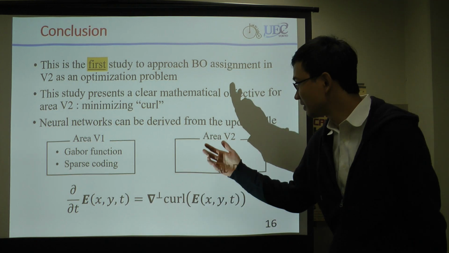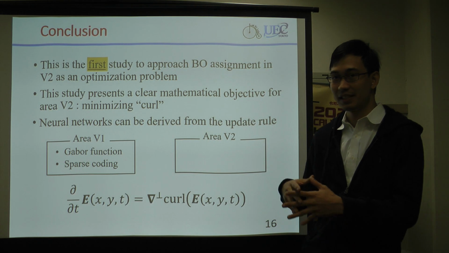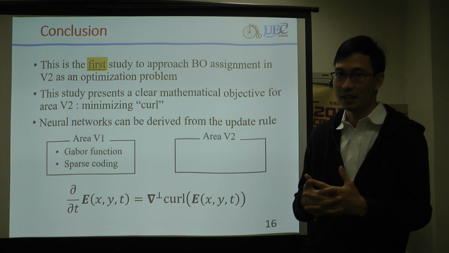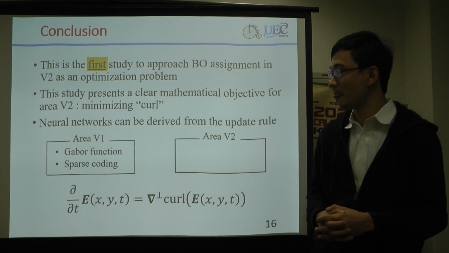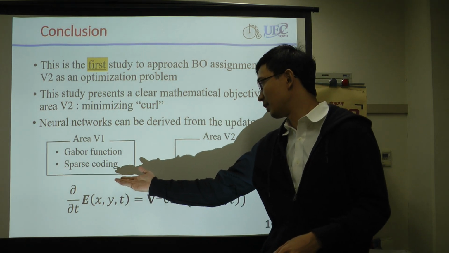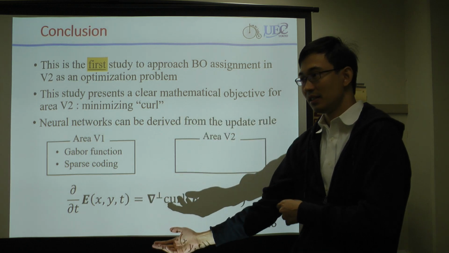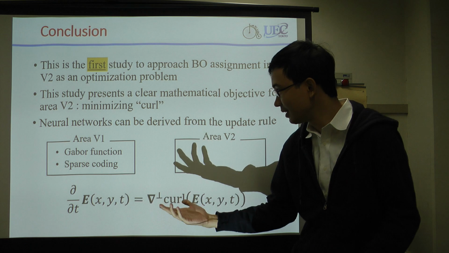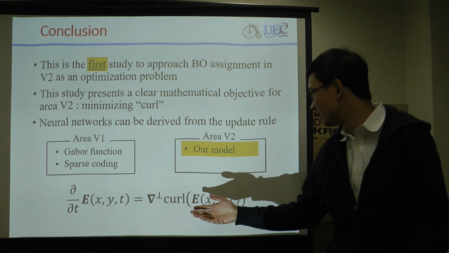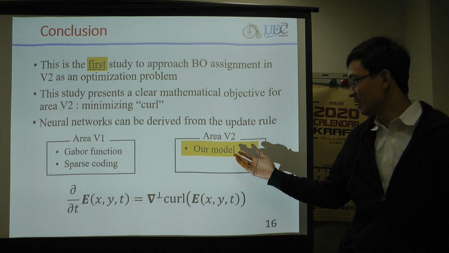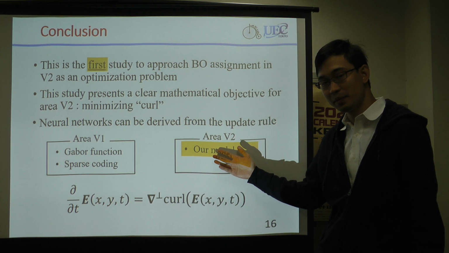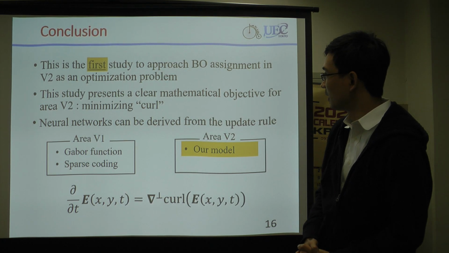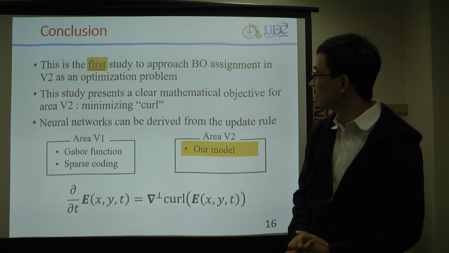Now let me close off. In conclusion, this is the first study to approach border ownership assignment in Area V2 as an optimization problem. So this is how the scene was before our model was introduced, and perhaps, after, this is the first of maybe many similar models in the future.